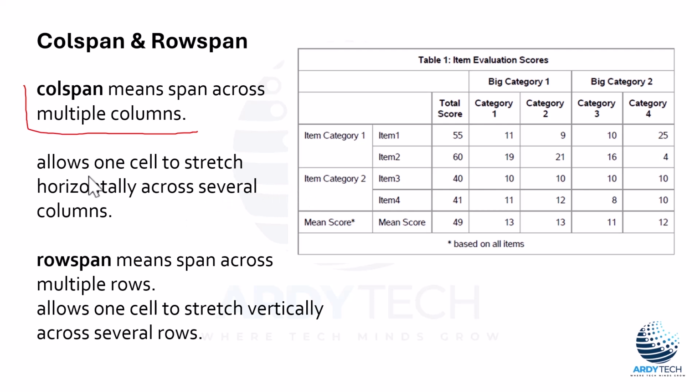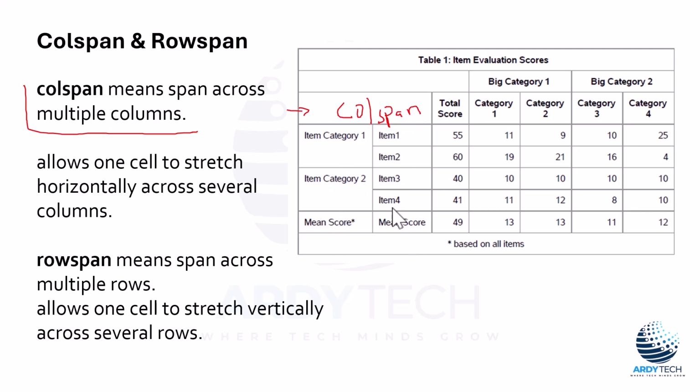If you can take a look here, you will notice that this cell here spans across these columns. So this is an example of colspan. So this row has spanned across these two columns here.